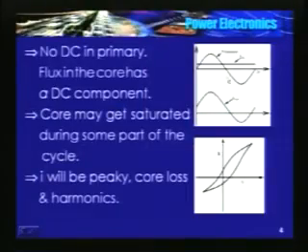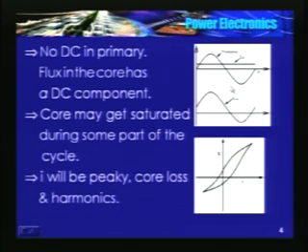Source does not supply a DC component, but then I told you that flux in the core can have a DC component. So flux in the core has a DC component, phi DC, and a sinusoidal component.